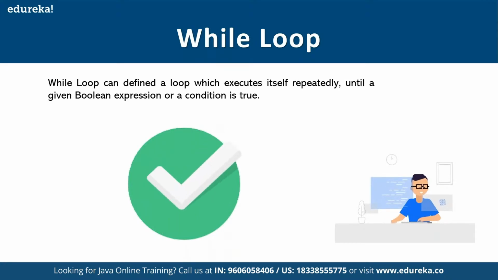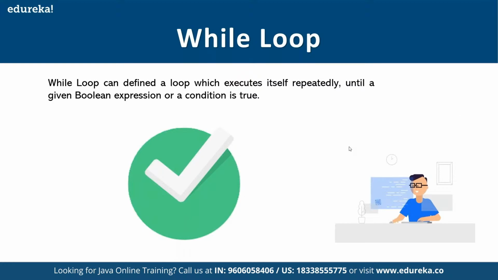Now, in the scenario of a while loop, you don't know how many times you want to execute. It's like I'm going to go for jogging and do as many rounds of the park as possible until I get tired. That is the scenario of a while loop. So the difference is that in a for loop, I know how many times the statements or group of statements will get executed, but in a while loop, I will not know at the start, because it keeps on iterating until the condition is satisfied.